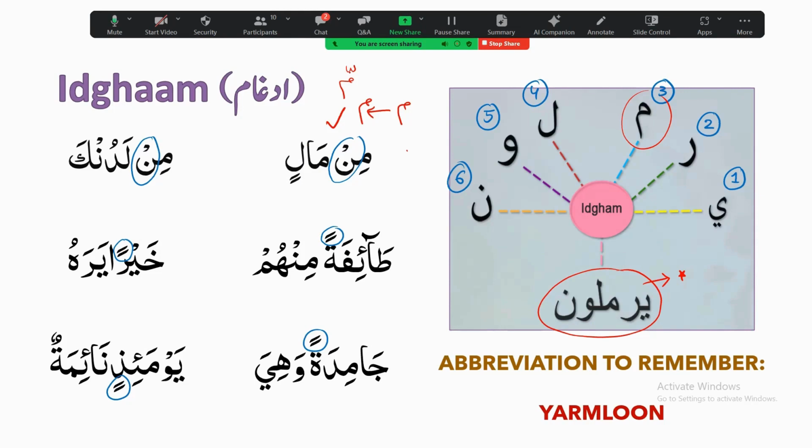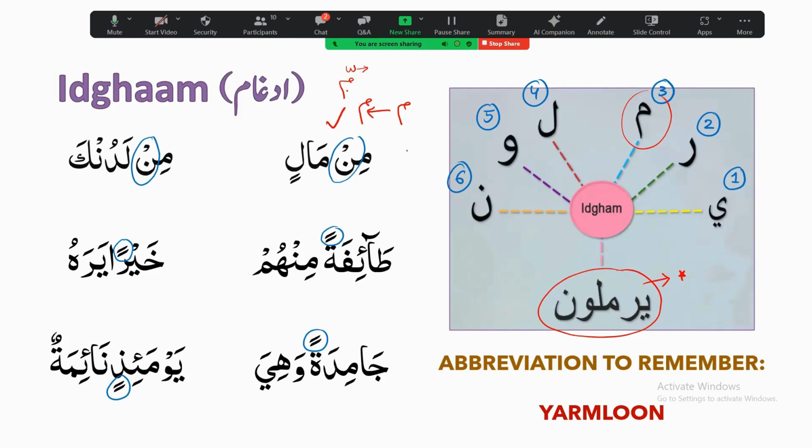This symbol of shadda indicates that the letter is there for two times, right? I told you in the topic of shadda that whenever a letter has this shadda, it means that same letter is there for two times. In the first case, that letter has a sakin, and then we enter into the next letter, the same letter.